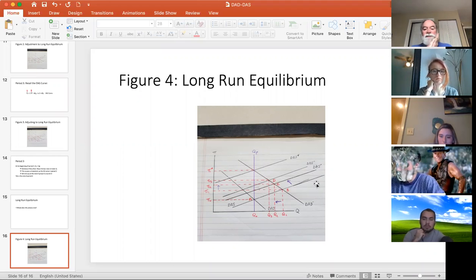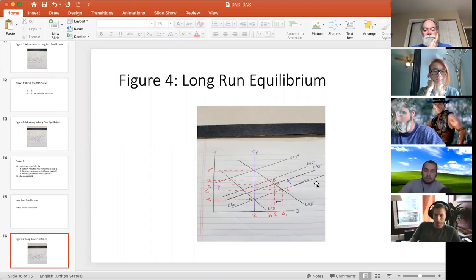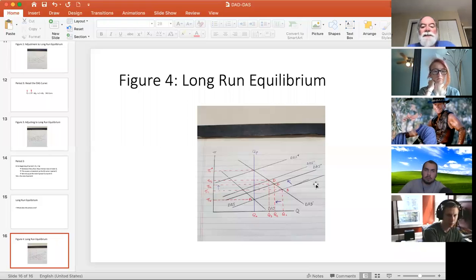Any questions about that? And this is if the positive shock goes away, right? Correct. If the shock is permanent, then we're going to have permanently higher inflation, which kind of makes sense.